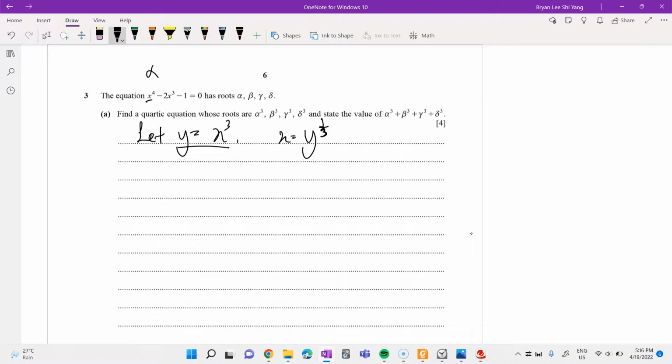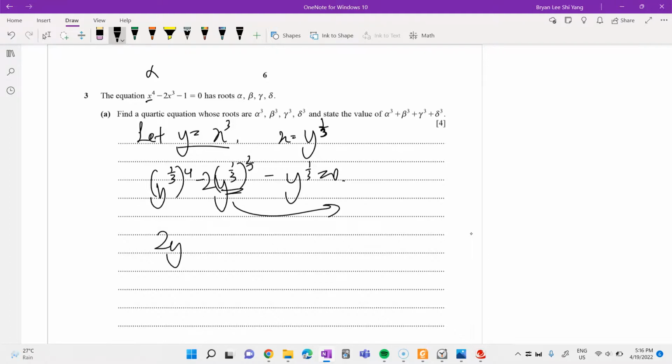Okay, so we have y to the 1/3, to the 4th power, minus y to the 1/3 cubed, minus y to the 1/3 equals 0. And then I'll move this to the right first, because this is actually just y.